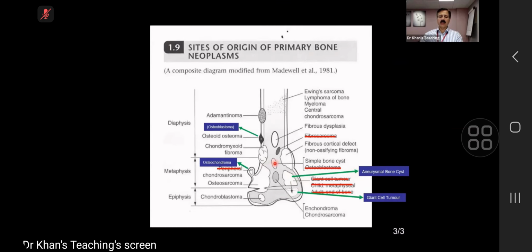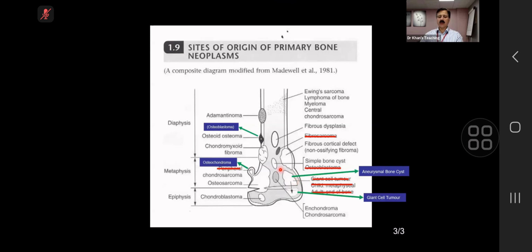I'll continue with this diagram here now, which has got a bit of addendums. Then comes simple bone cyst. So this is a simple bone cyst, and simple bone cyst is in the central portion of the medullary cavity. So in the exam, you have to differentiate it. A simple bone cyst you have to differentiate from an aneurysmal bone cyst.